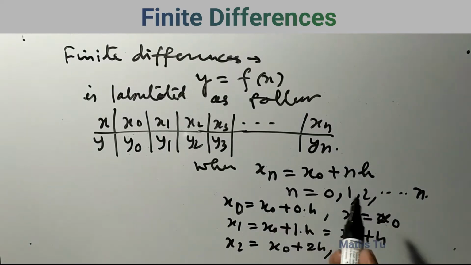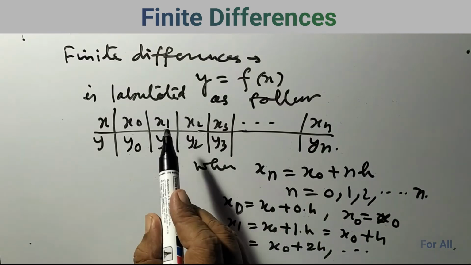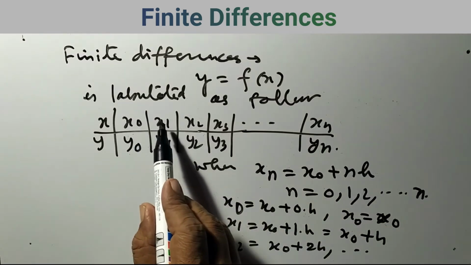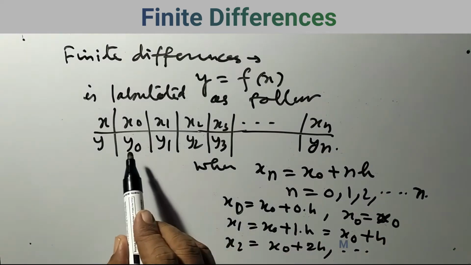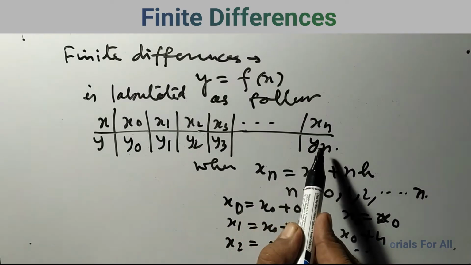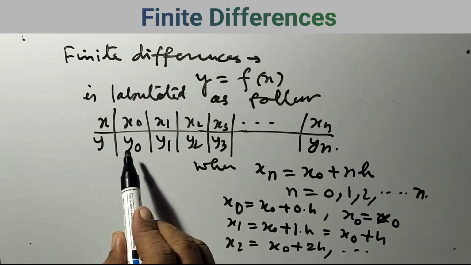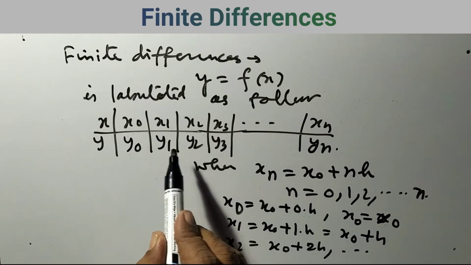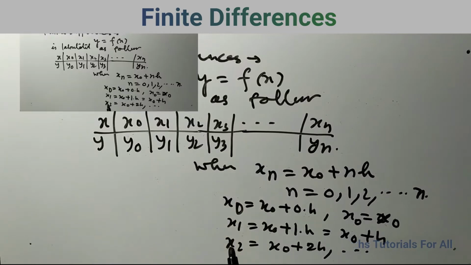In this way, we get xn equal to x0 plus nh. That means the difference in x consecutive terms is fixed and the step is h, and the entries are y0, y1, y2, y3, yn. We want the difference of y1 minus y0 or y2 minus y1, or terms in y, we get the difference of y.